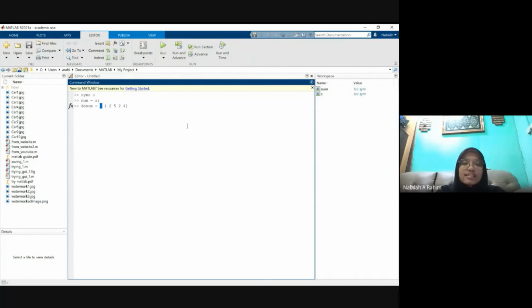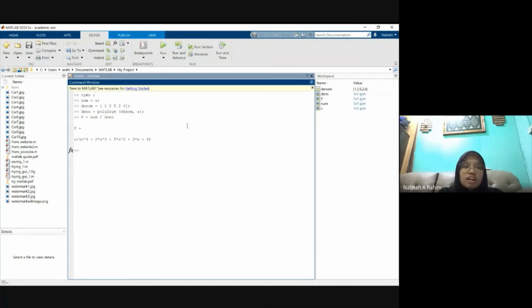I get these numbers by expanding the polynomial at the denominator of the equation, and then I can change the denominator into the scalar variable s only using poly2sym, and then f, the function, equals numerator over denominator.